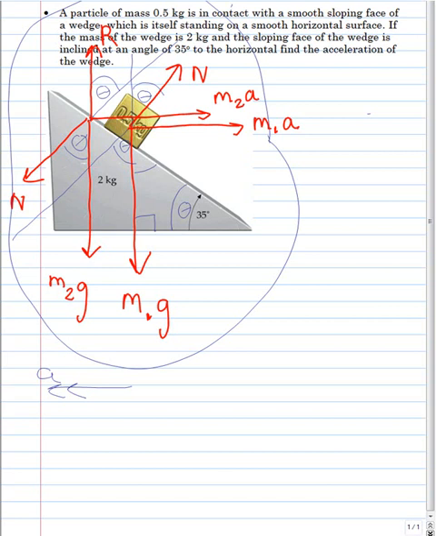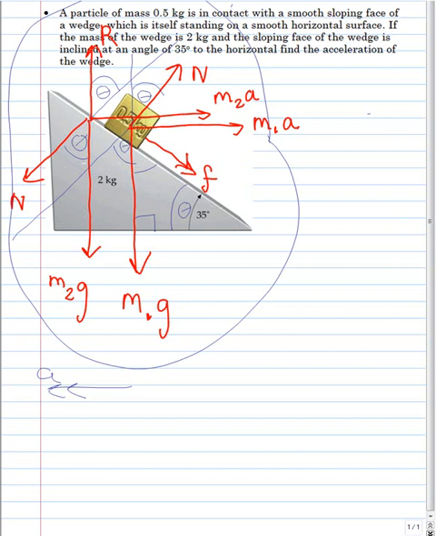In this non-inertial frame of reference, my particle will appear to accelerate just simply down the plane. So here is the acceleration down the plane of the wedge. Let's say the acceleration is f, as seen from my non-inertial frame that itself is accelerating at a to the left. So now I've put all the real forces in, and I've jumped into a non-inertial frame of reference, and I've therefore added the pseudo forces.